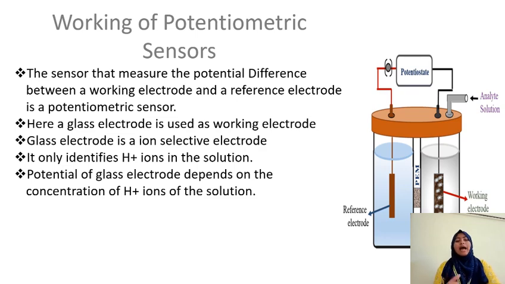So it is an ion selective electrode which is used as a working electrode in the potentiometric sensors. It detects the H plus ions and changes the potential of the working electrode, and the electric signals are displayed on the potentiometer. Let us see the practical application of this potentiometric sensors.